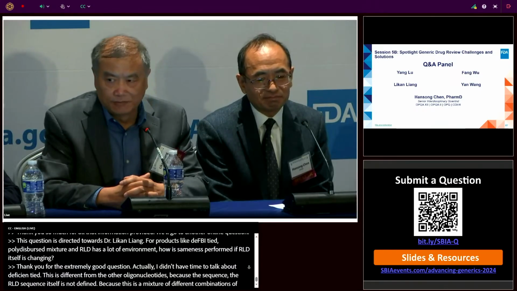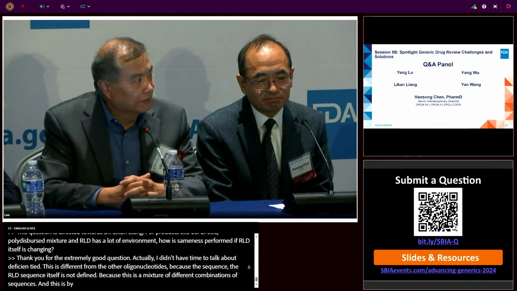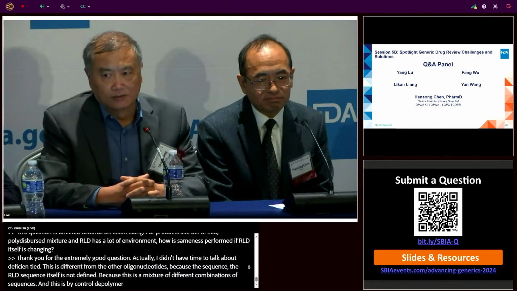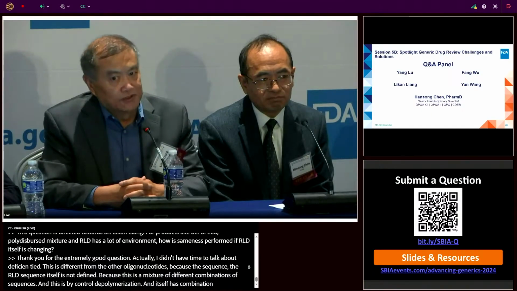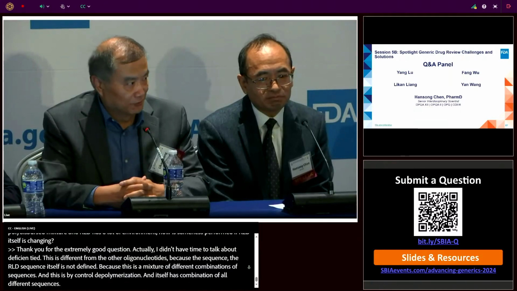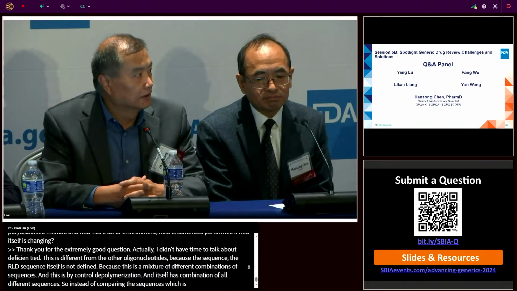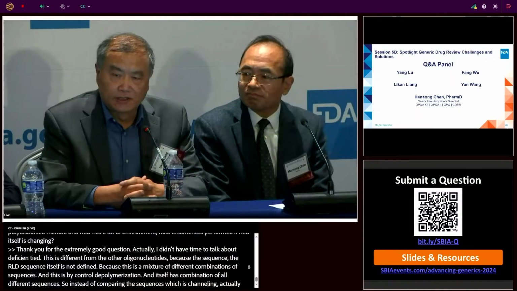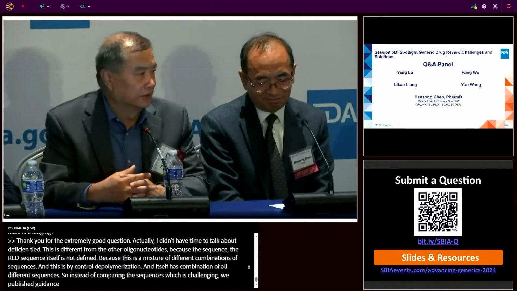This is by controlled depolymerization of the DNA from the toxin. So, itself, it has a combination of all different sequences. So instead of trying to compare the sequences, which is very challenging, actually we published guidance advising the industry to attack this from a different angle.